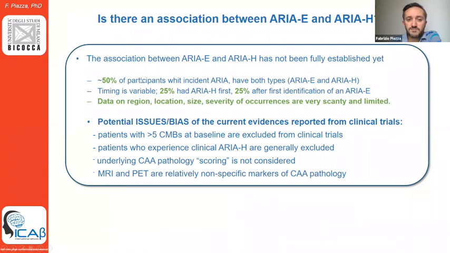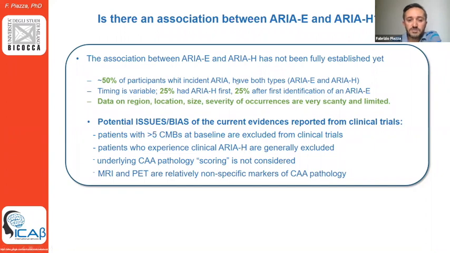About 50% of the participants develop both types of ARIA, and 25% have ARIA-H first and 25% after they develop ARIA-E. So data on region, location, size, and severity of occurrence are very limited, and we need to better investigate these very important aspects.